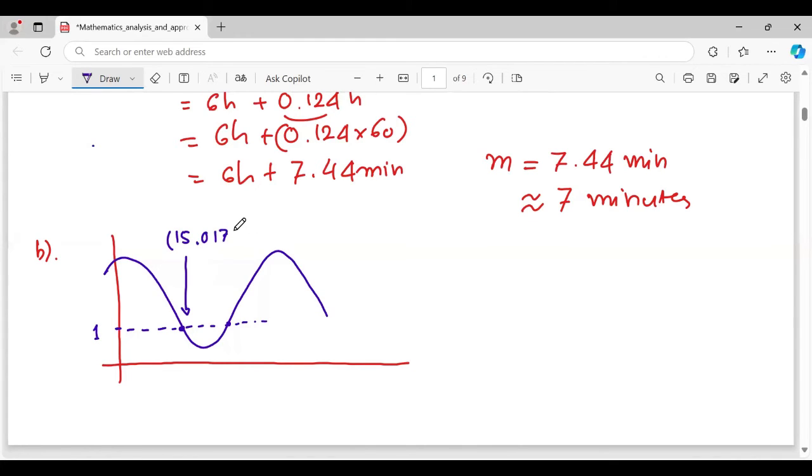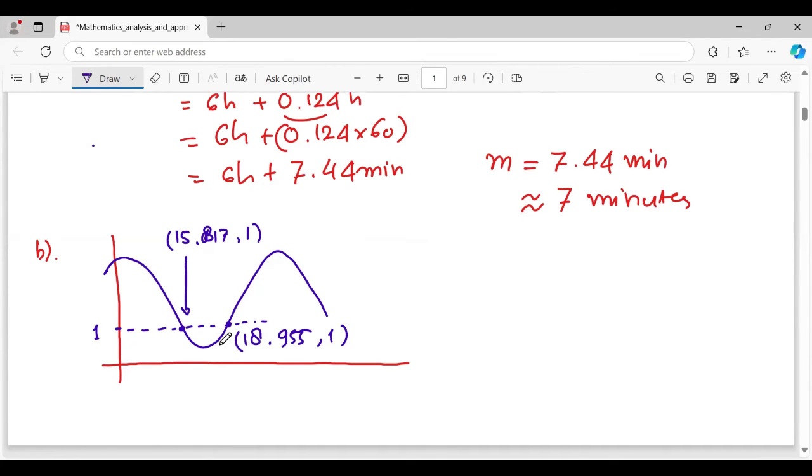Okay, so the first coordinate point is 15.817, 1, and this coordinate point is 18.955, 1. Right.